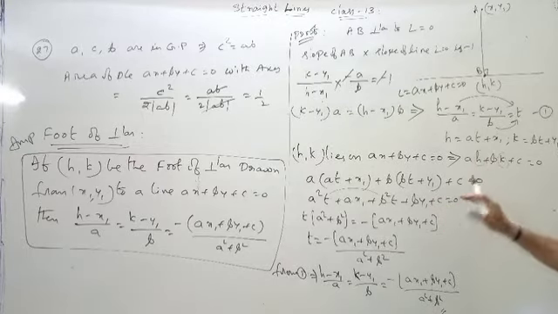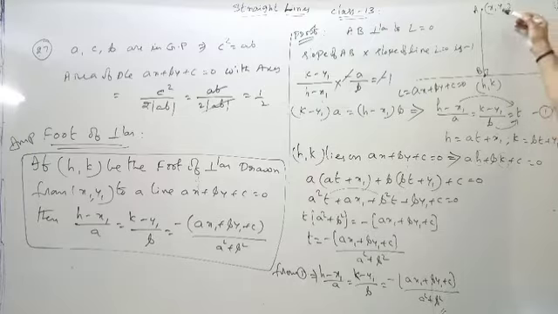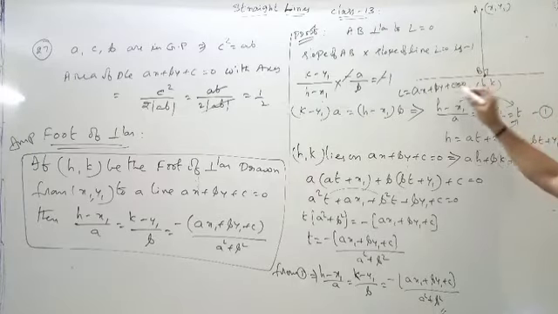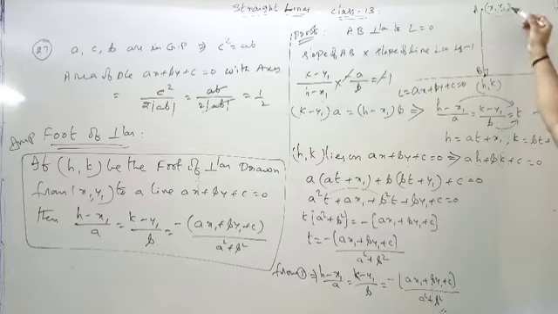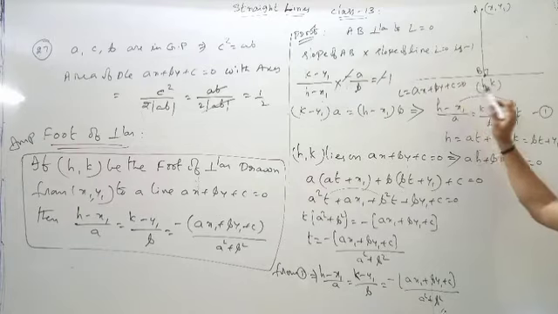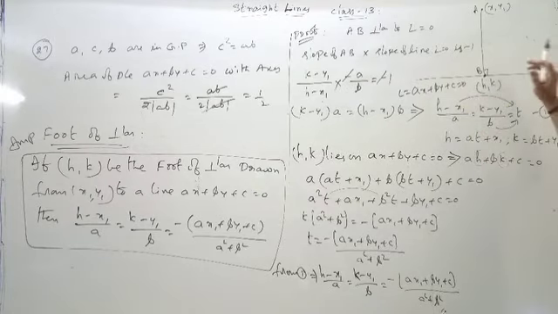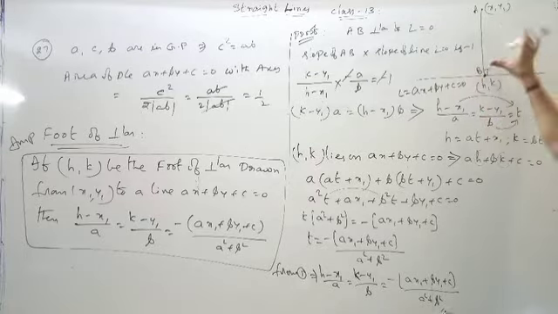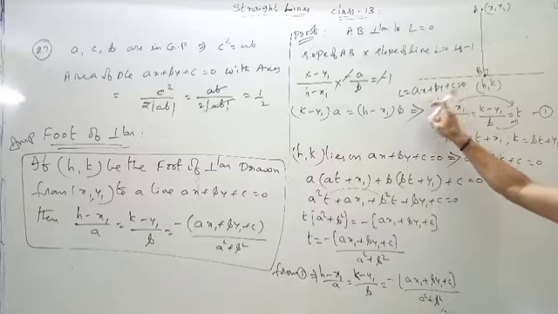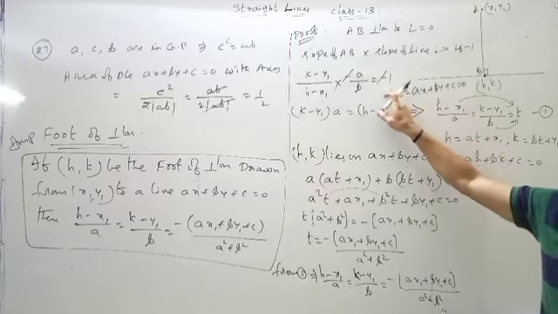Now I am explaining to you. The question is, we are drawing a perpendicular projection on a line. The foot of perpendicular is h comma k, and we are drawing a perpendicular from x1 comma y1 to the line. What is the equation of this line? ax plus by plus c is equal to 0. Now by observing the diagram, this line and this line are perpendicular. So slope of this line into slope of this line, this line's slope is minus a by b, product is equal to minus 1.